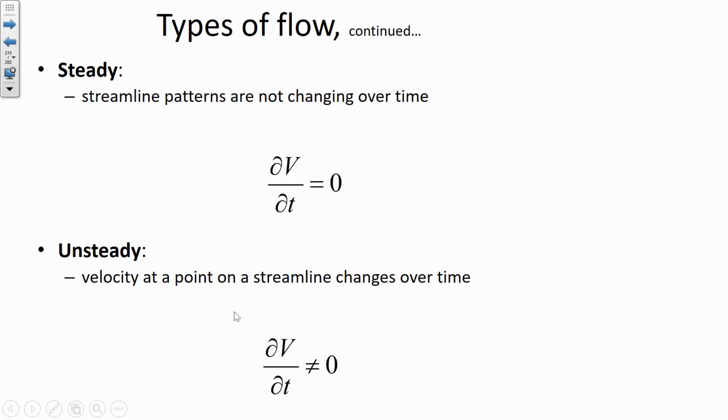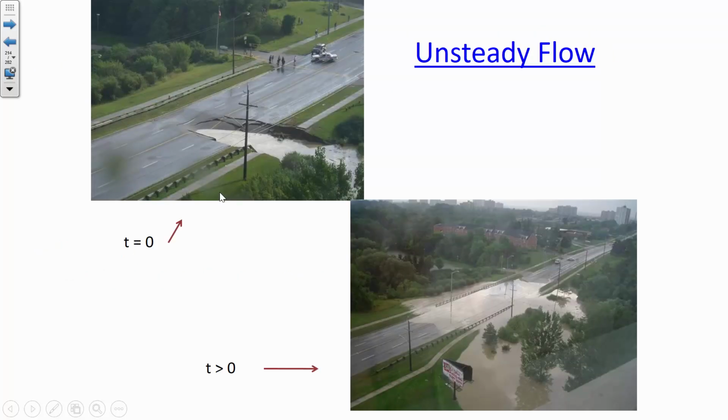And remember, this has to do with changes over time, so the temporal distribution. The type of acceleration that causes unsteady flow is local acceleration, which is different from convective, because convective is based on velocity changing with respect to position, but local acceleration is velocity changing over time.